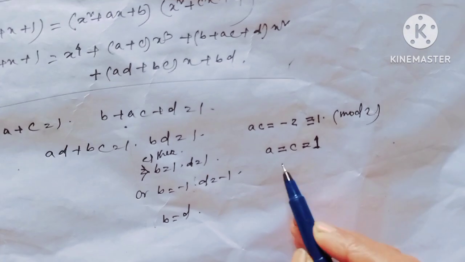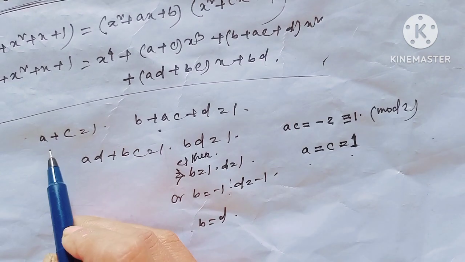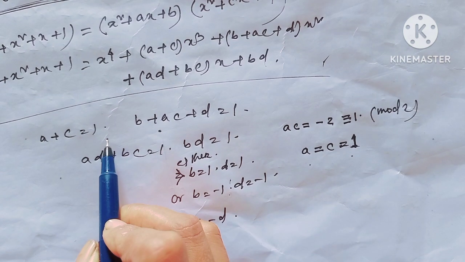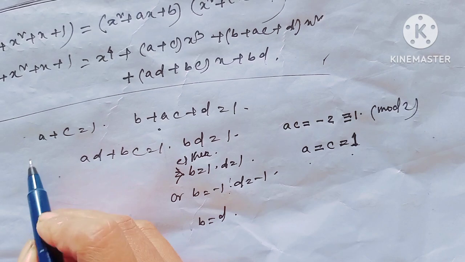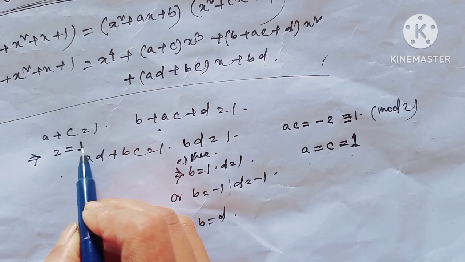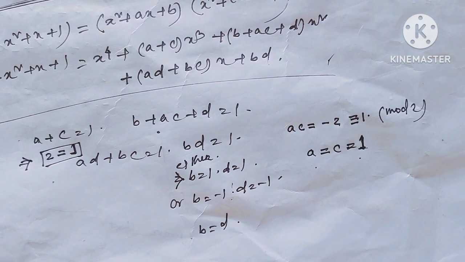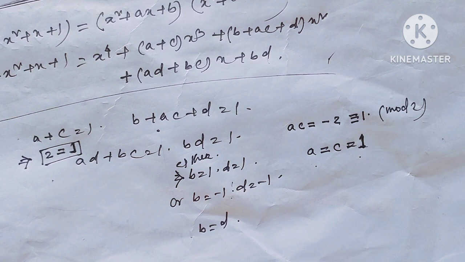Then if a equal to c equal to 1, here I have one condition, a plus c equal to 1. Just put the value, then I will get 2 equal to 1. But this is not possible.